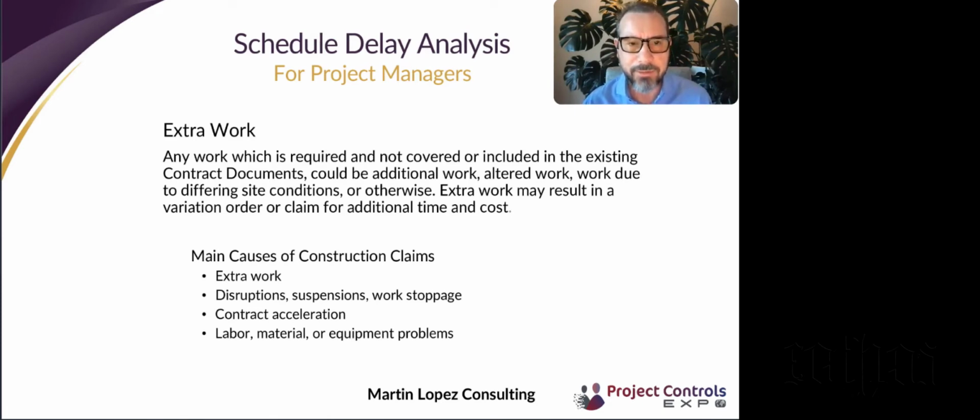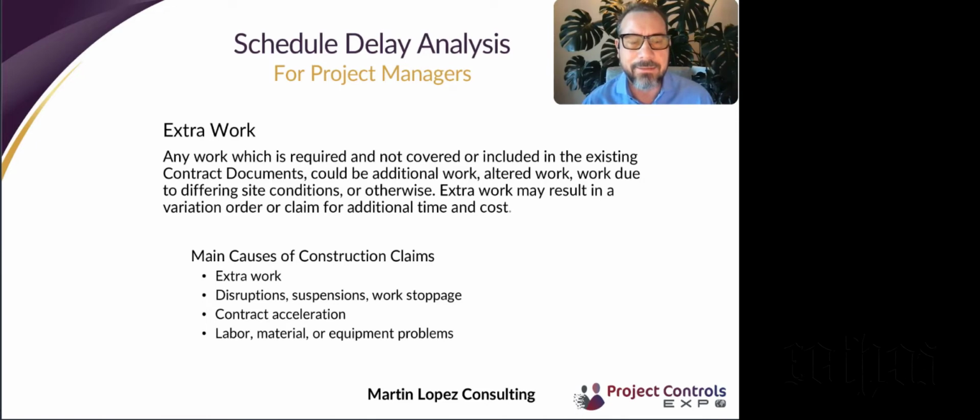For example, extra work. We know what it is. It is, you know, what the contract is, and the documents specify what is required. It should be very clear what is extra work and what is not extra work.